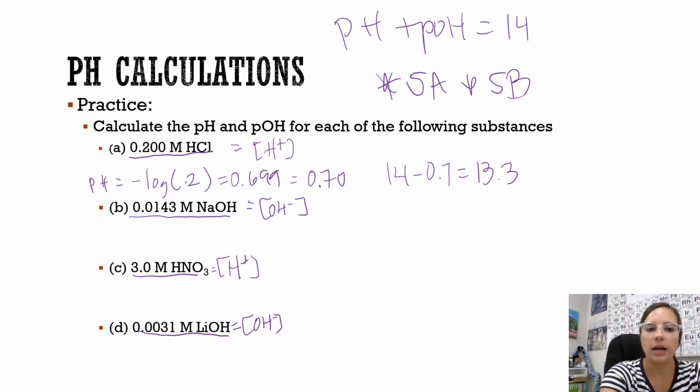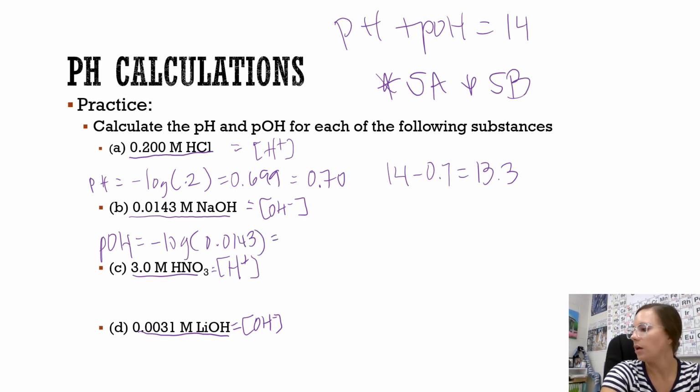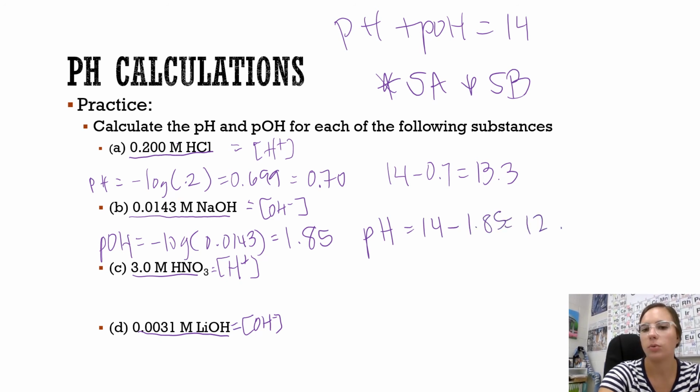All right, now this time when I take the negative log, it's of the concentration of hydroxide, so it's going to be calculating pOH. So then the pOH is 1.85, so the pH is 14 minus 1.85, which is 12.215.